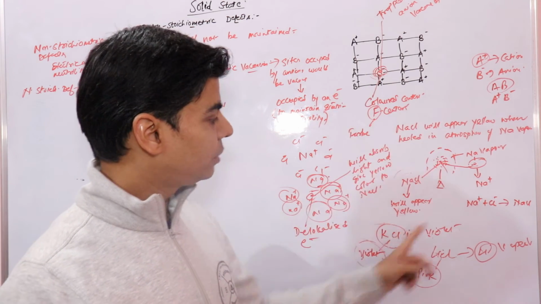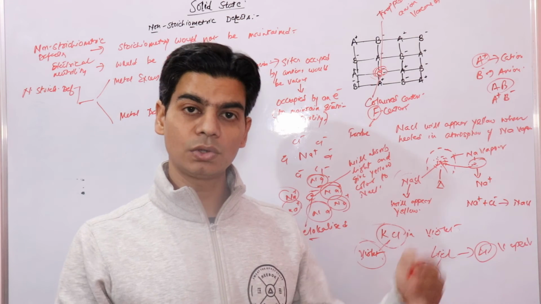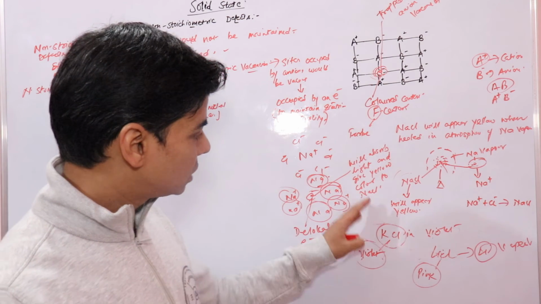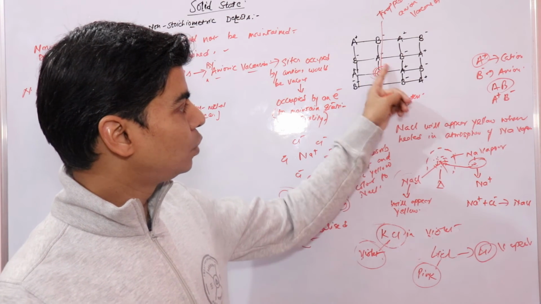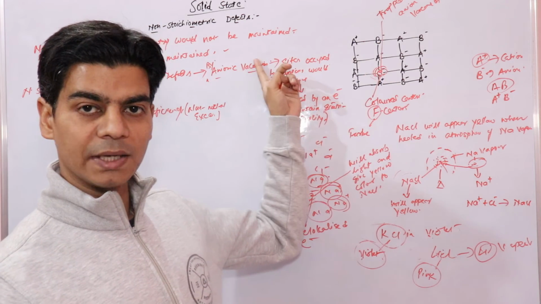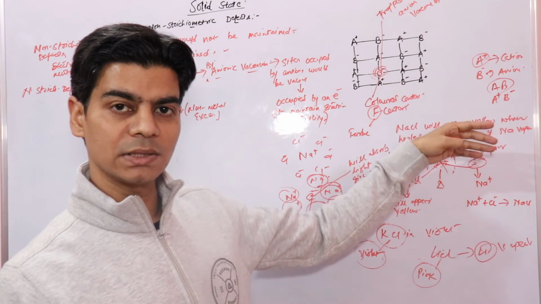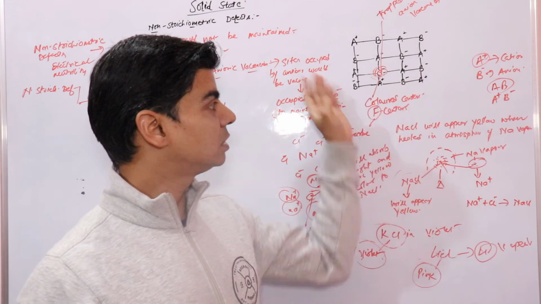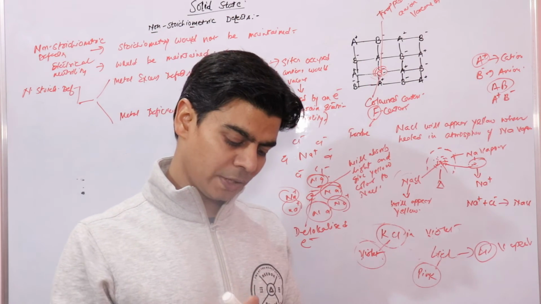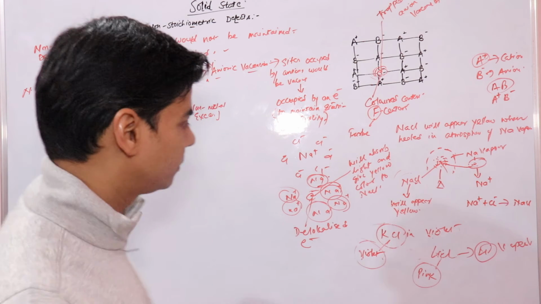Since this is an anionic vacancy defect, which is a vacancy defect, it is the same as the Schottky defect, and this kind of defect would be shown by those crystalline solids that show Schottky defect.